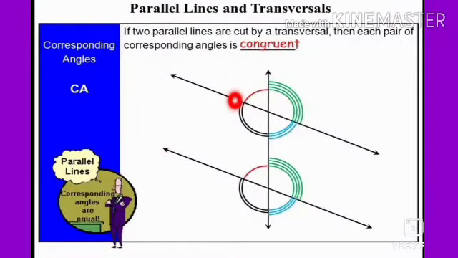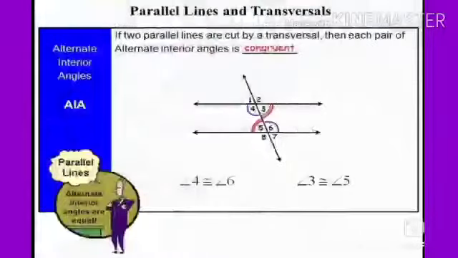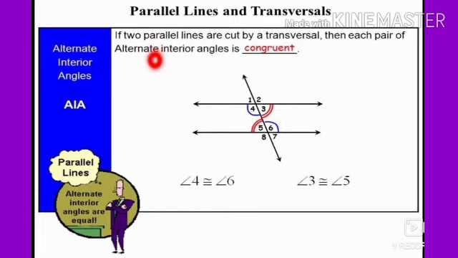Parallel lines and transversal. If two parallel lines are cut by a transversal, then each pair of corresponding angles is equal or congruent. Parallel lines and transversal, here alternate interior angles.